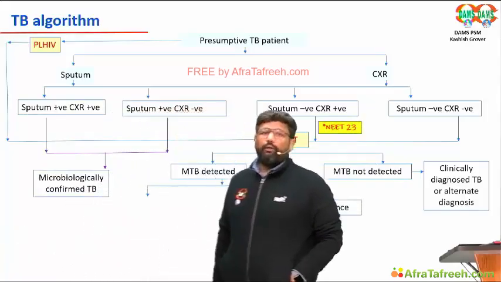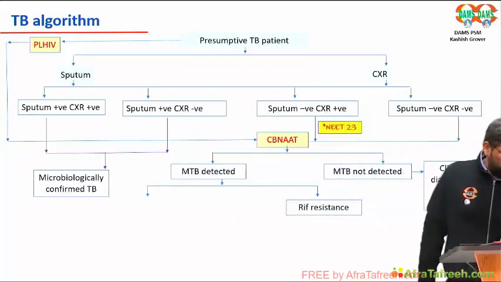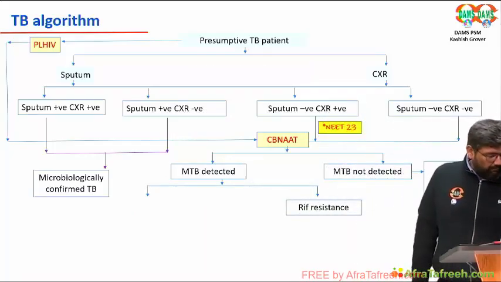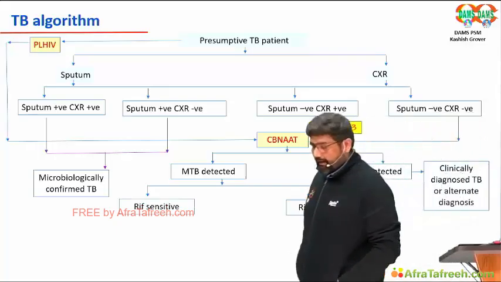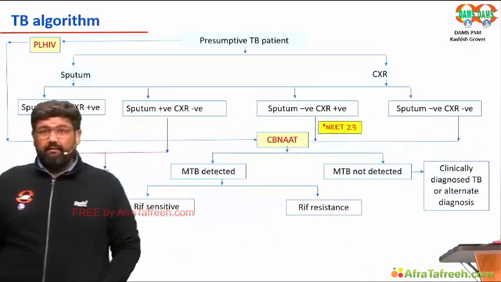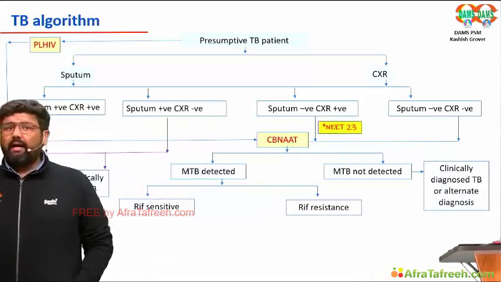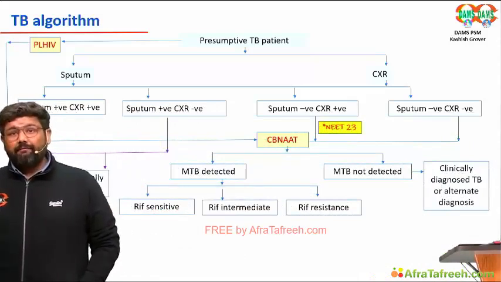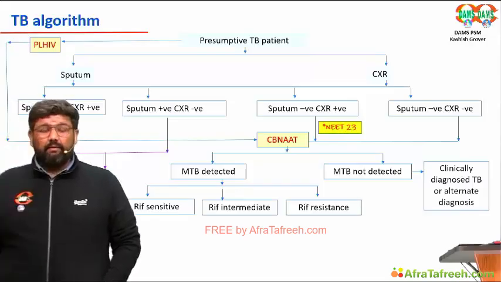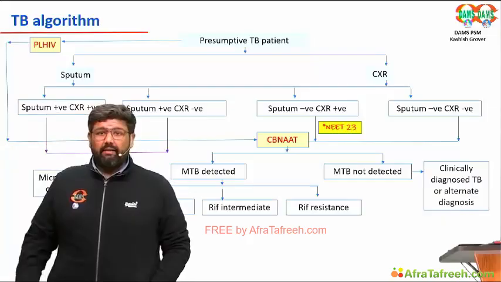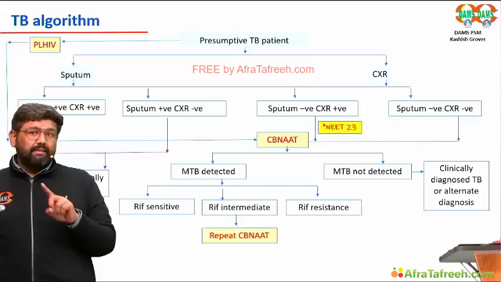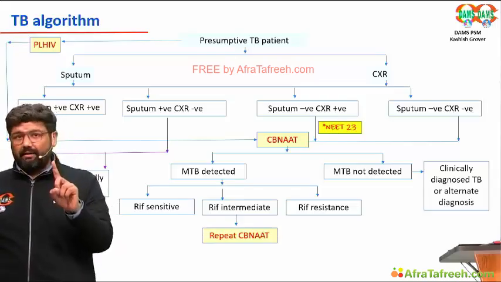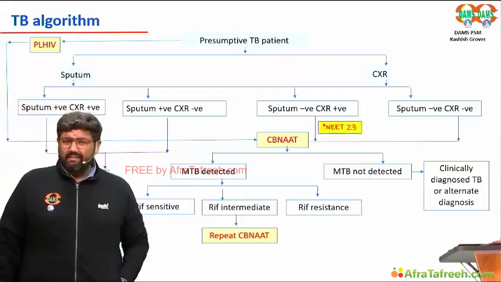Now coming back to MTB detected. If MTB is detected, then it is either rifampicin sensitive or rifampicin resistant. Start the treatment accordingly. But if it is rifampicin intermediate, it is not able to decide whether it is resistant or sensitive. In that case, you repeat CBNAAT. Intermediate means not sure whether it's resistant or sensitive.